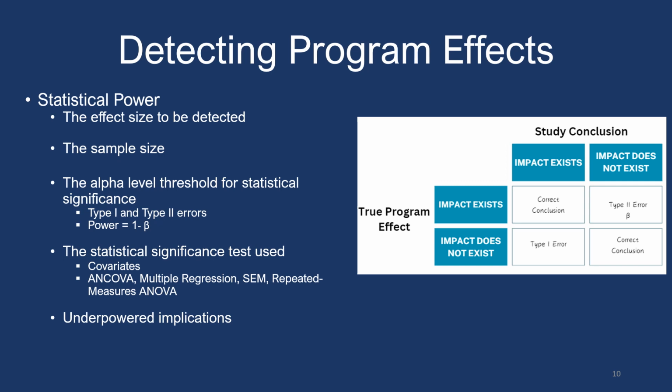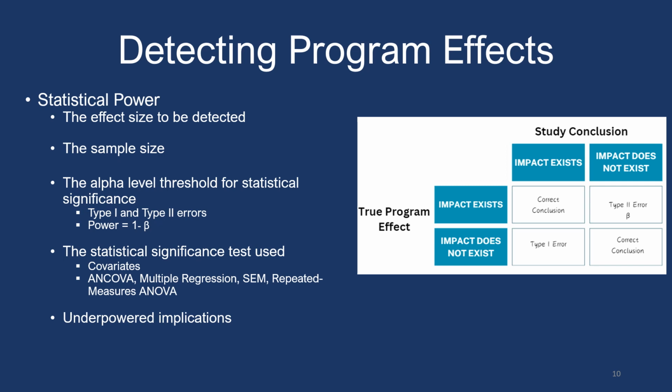Finally, the statistical significance test used. Choosing the most appropriate test of statistical significance is not always straightforward. The evaluator must consider baseline covariates in the statistical model applied in the analysis. Covariates that are correlated with the outcome measure help isolate the variability of the outcome measure itself from the analysis of the actual program effect.